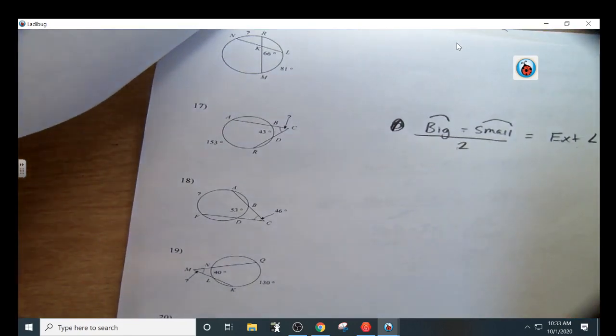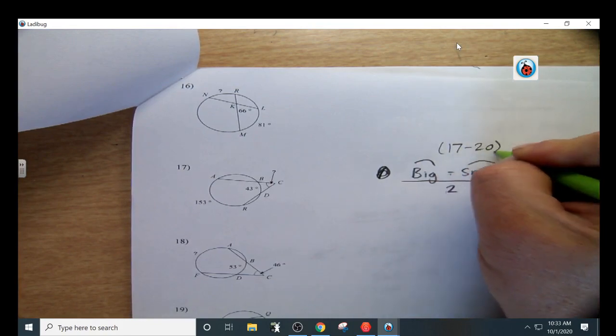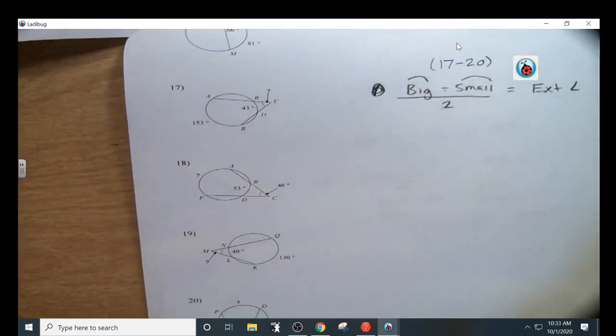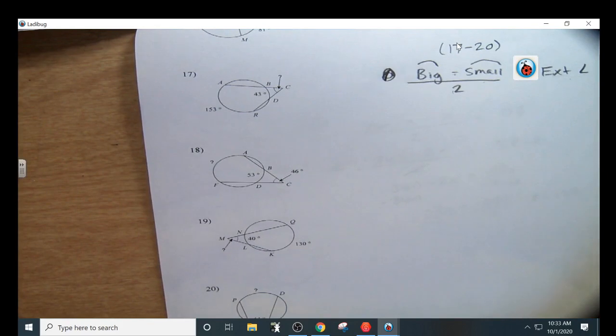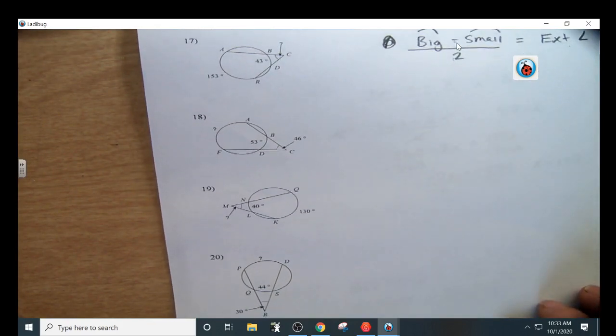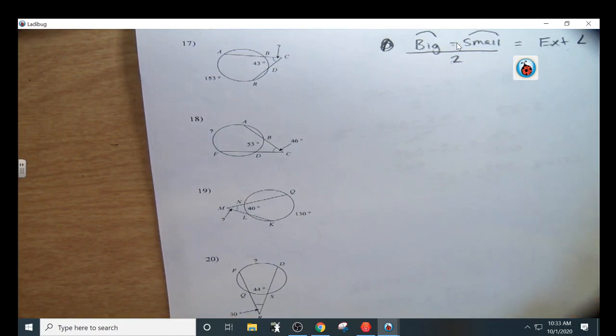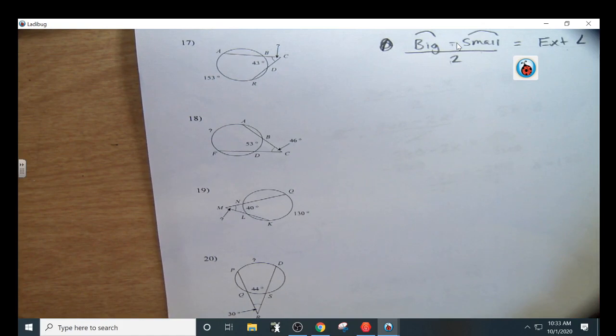Okay, so 17 through 20 is the same formula. Are there any ones on here you think you don't know how to do? I mean, they're pretty straightforward. They can't really put but so many. There aren't so many different ones they can put on there.